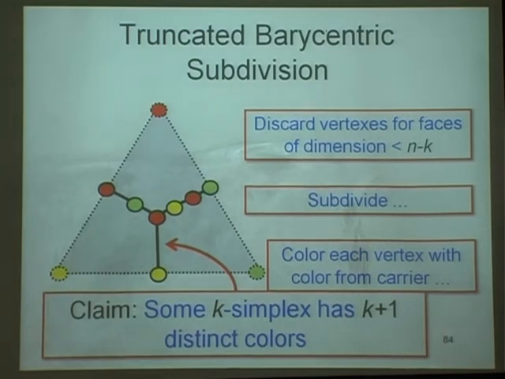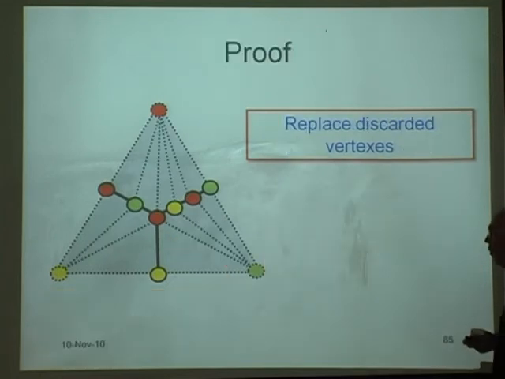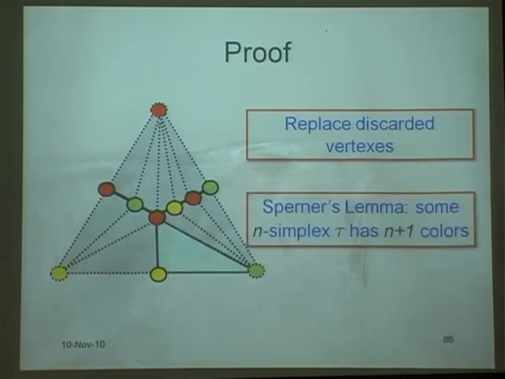Okay, and so I claim here that some k-simplex here has k+1 distinct colors. This is just a slight variation of Sperner's lemma that we used earlier. The way to see this is to go back to the faces that we've chopped off. We can draw edges or faces in higher dimensions between the missing vertices and the ones in the middle. And then it's not too hard to see that that's a Sperner coloring.